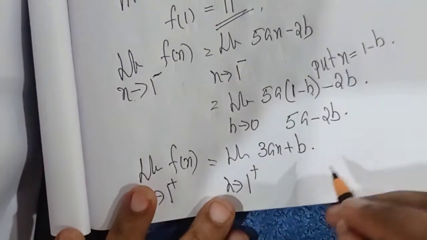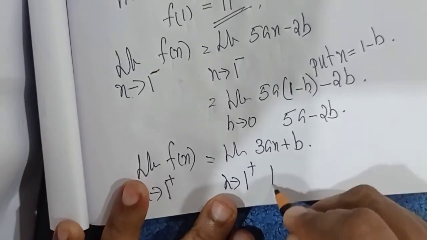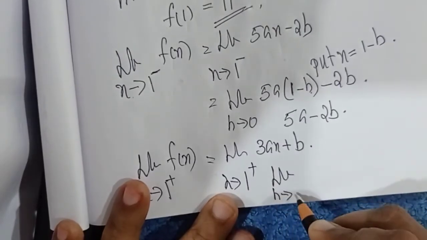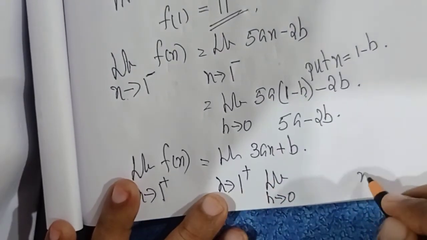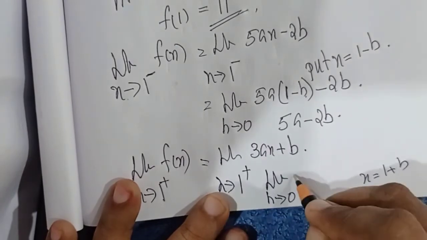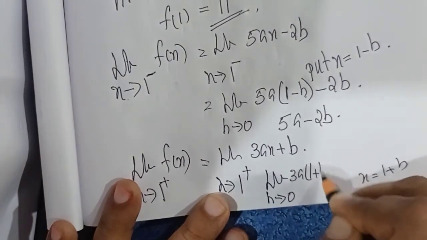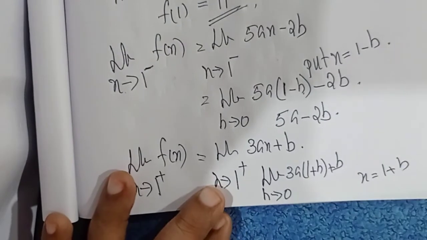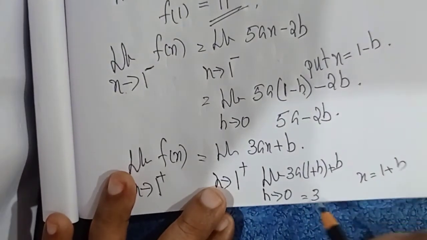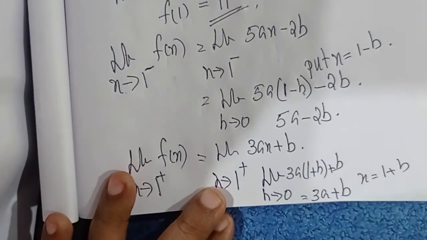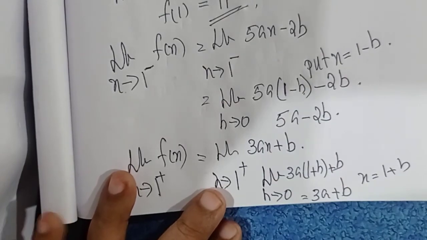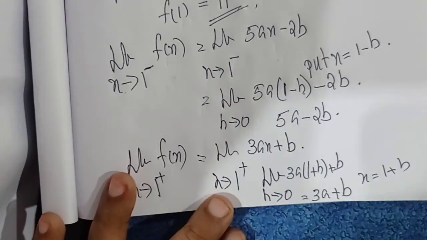3ax plus b. Then how can you convert this? Limit h tends to 0, put x equal to 1 plus h: 3a into (1 plus h) plus b. That means 3a plus b. All of you write that. 3a plus b.